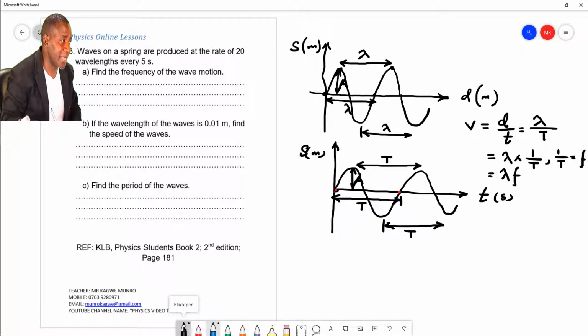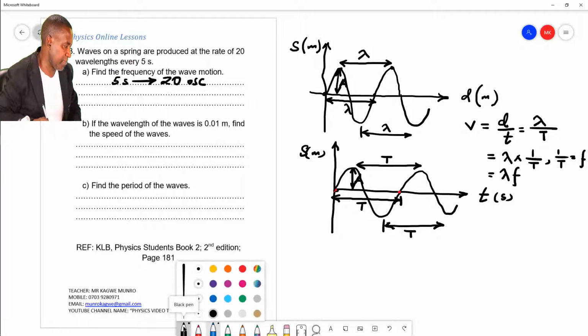So I can say that in 5 seconds this system makes 20 cycles or 20 oscillations.